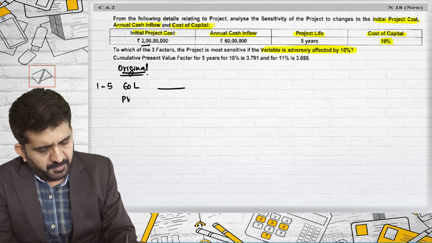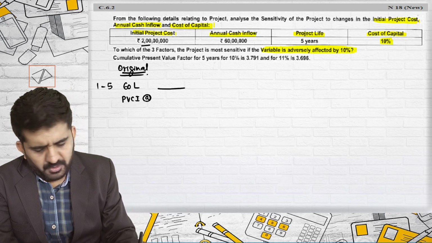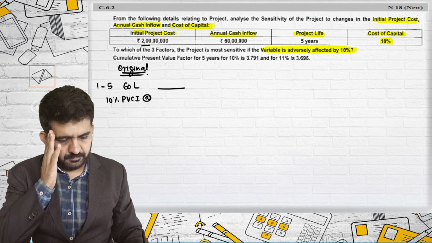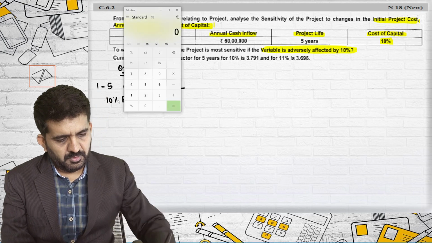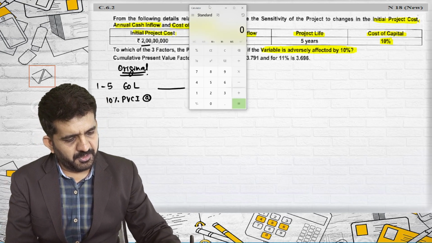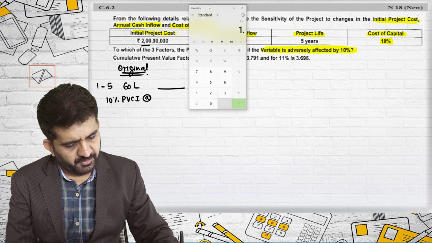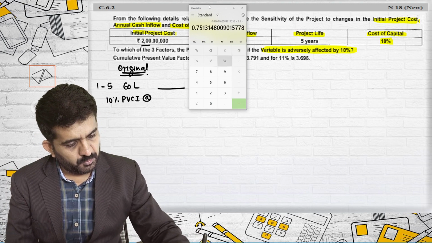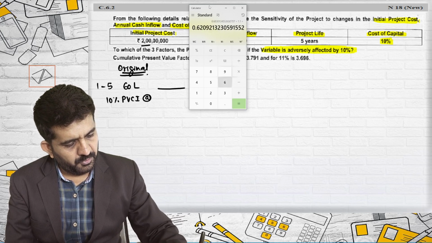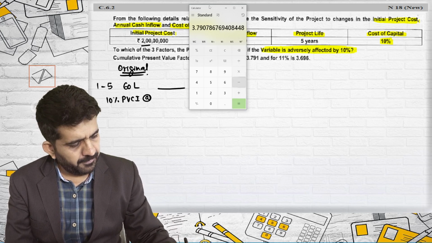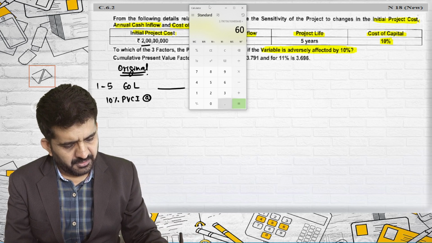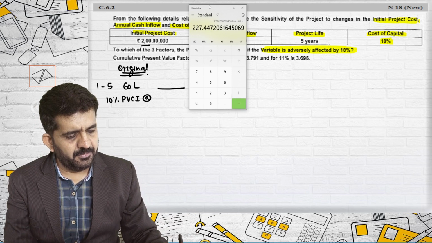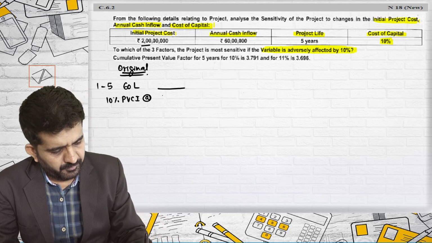I will be finding out the present value of cash inflow at the rate of 10%. 1 divided by 1.1, then 2, 3, 4, 5, the annuity factor multiplied by 60 is equal to 227.45.